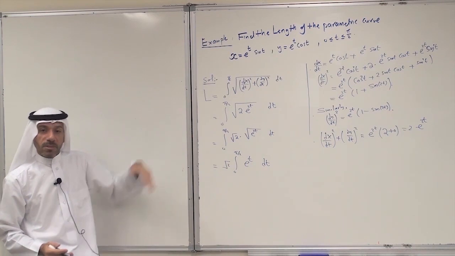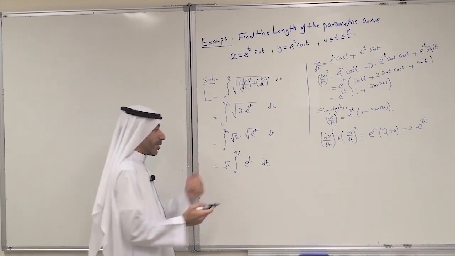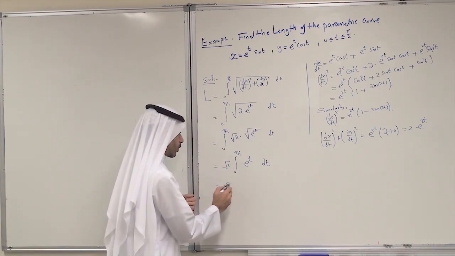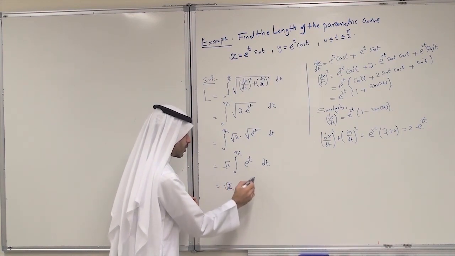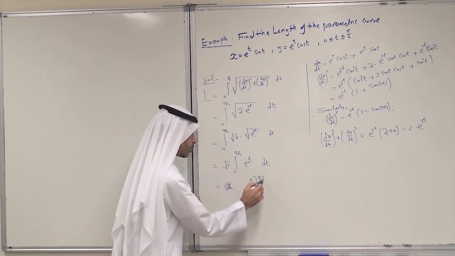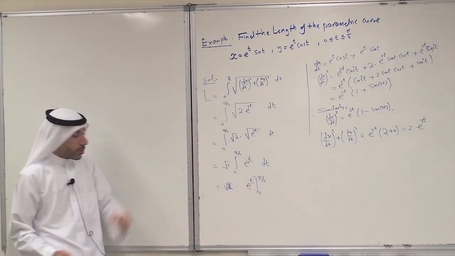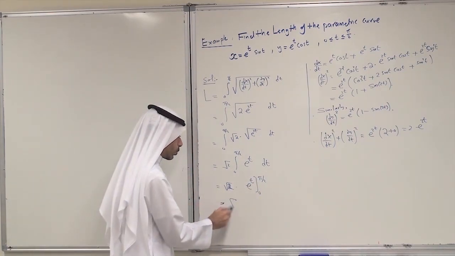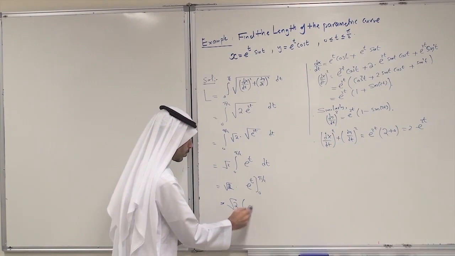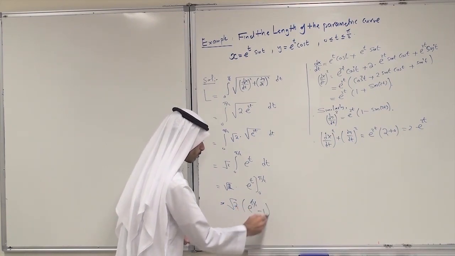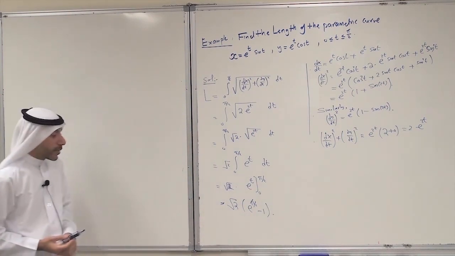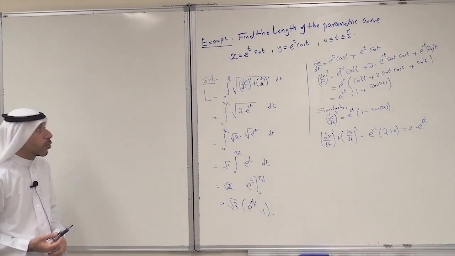You see, after the simplification, the integrand is very simple. So this becomes root 2 times the integral of e^t from 0 to pi over 2. Substitute, and you get root 2 times (e^(pi/2) minus 1). And this is the arc length of the given curve.